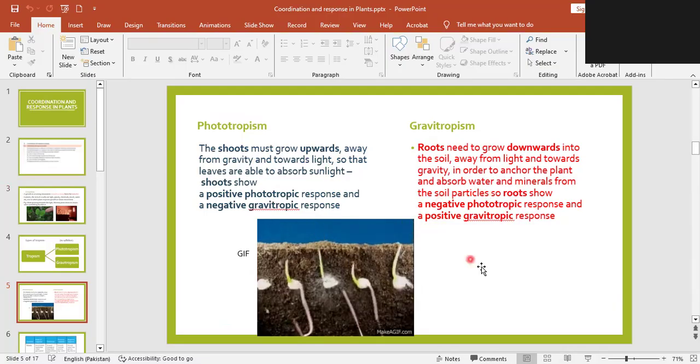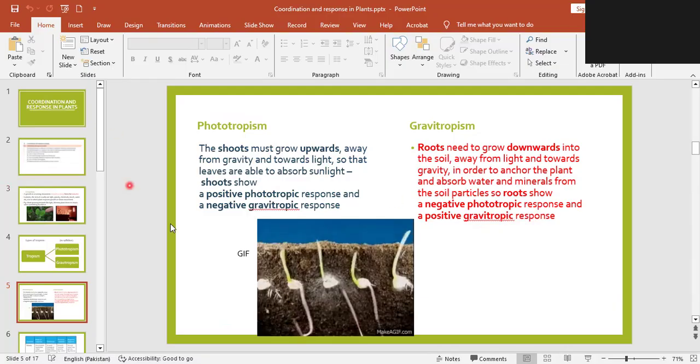So roots are growing towards the gravity, that is positive gravitropism, and they are growing away from the light, that is negative phototropism. Roots growing away from the light, negative phototropism. Towards the gravity, positive gravitropism.